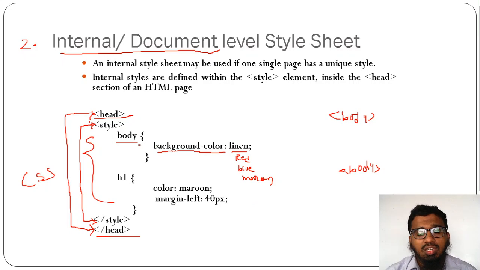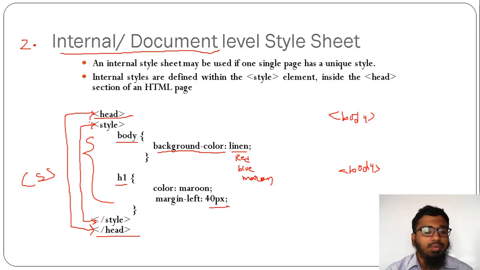So the body color will change from white to lime or red or blue or maroon, any color. Whatever color you give, the background color will be changed to that color. Next, h1: color is maroon, and margin left is 40px from the left.